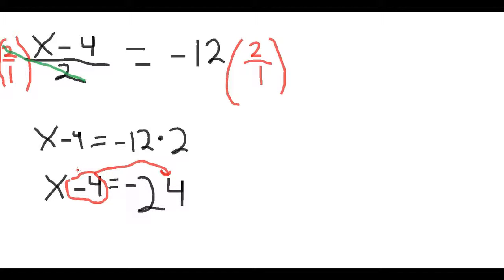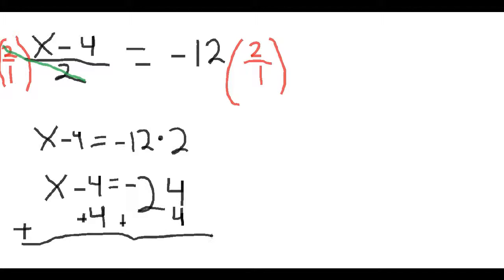So we'll add the reciprocal of -4 to both sides. So the reciprocal of -4 would be +4. So let's add +4 here and +4 here. And when we do that, these 4's cross out.